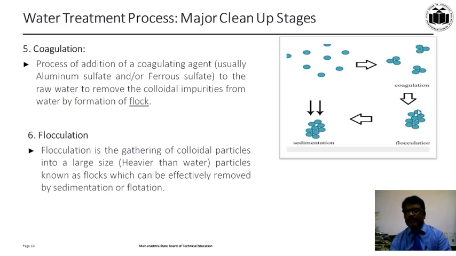When the size of the floc increases, it is heavier than water and therefore it can be easily settled down. So this process is the coagulation and flocculation process. Flocculation is the gathering of colloidal particles into a larger size, heavier than water, known as flocs, which can be effectively removed by sedimentation or flotation.